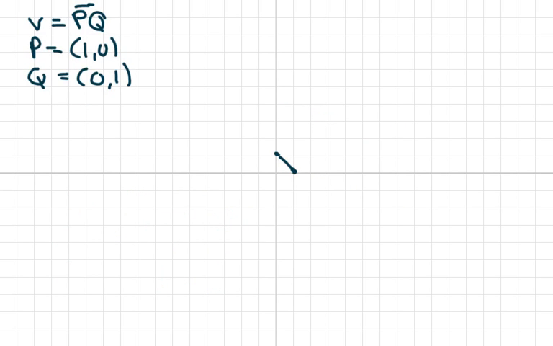All right, here's one, and we're going to just subtract. So we have the vector equals 0 minus a negative 1 and 1 minus 0. And that gives us 1. What did I do?